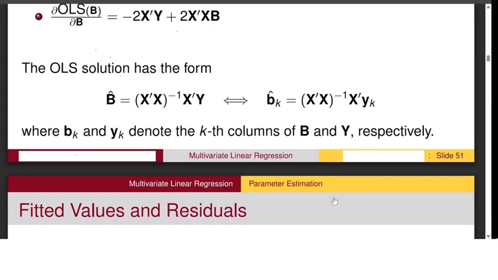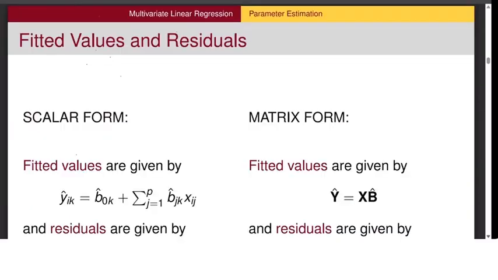Okay. Now, the next thing we want to talk about is the fitted values and the residual. Don't forget, if I have my model specified, and after parameter estimation I know the values of the parameters in my model, then I will be able to have it fitted.